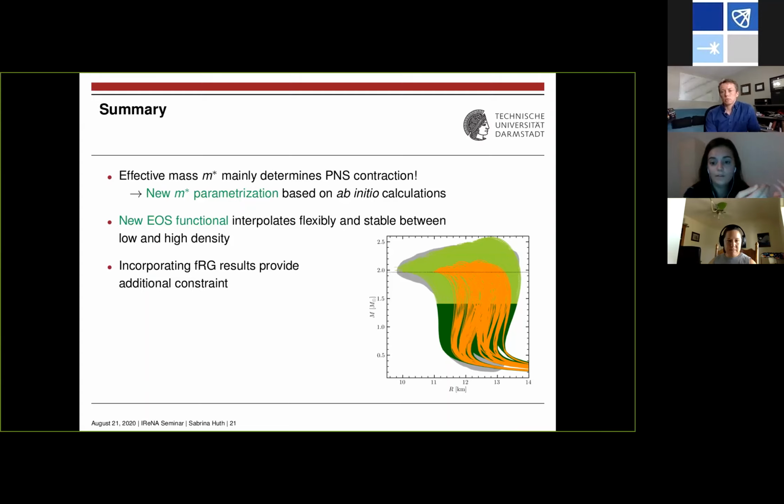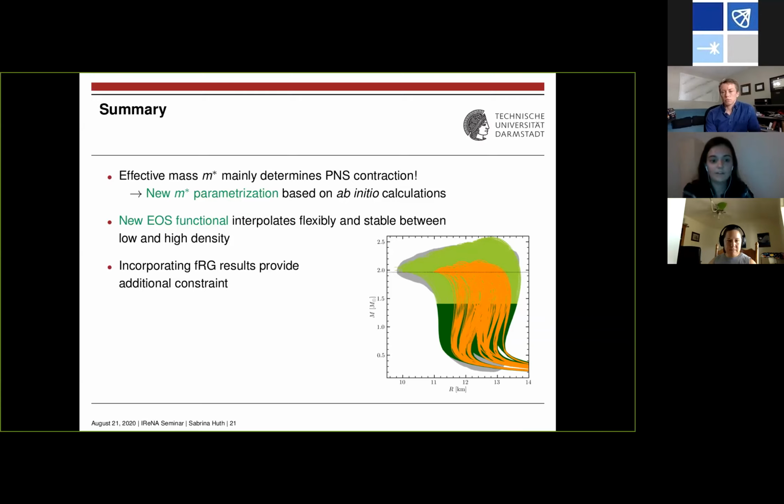And if we now, as a next step, use this EOS functional and implement it in a finite temperature code in order to generate representative equation of state tables that can then be used in CORE-collapse supernova and neutron star merger simulations, then you can see the whole sensitivity of the EOS in these astrophysical simulations, because then you can transfer the uncertainties that you have from nuclear physics and observations on the EOS into your simulation.